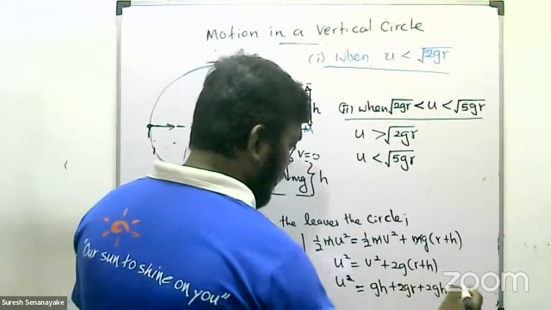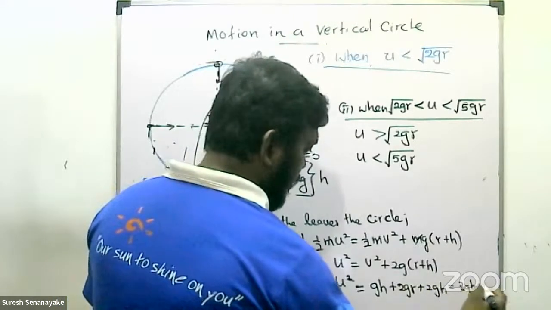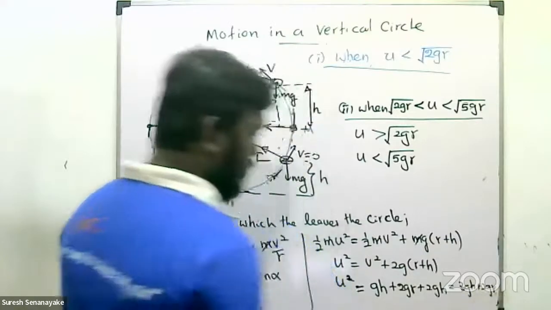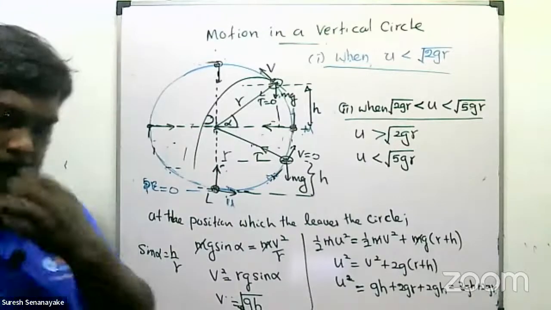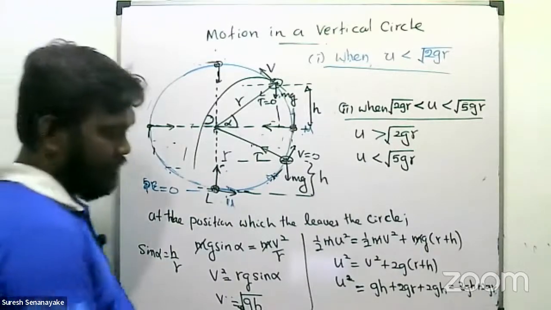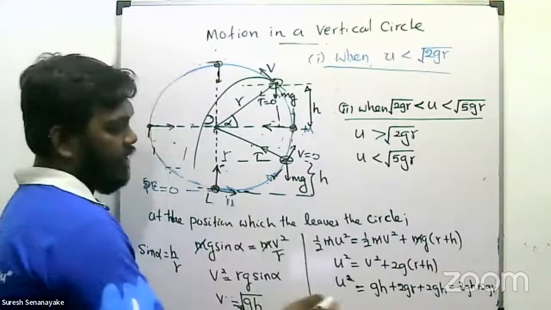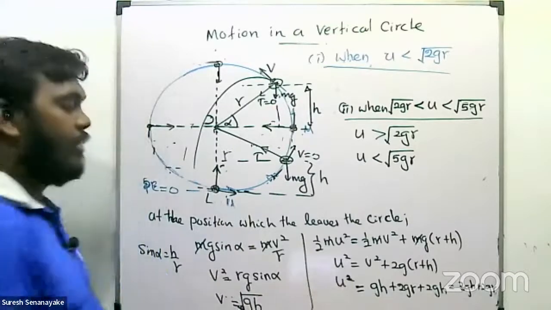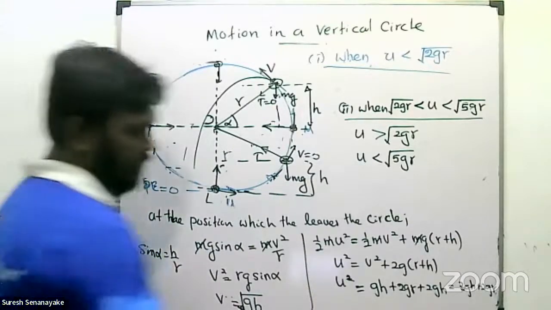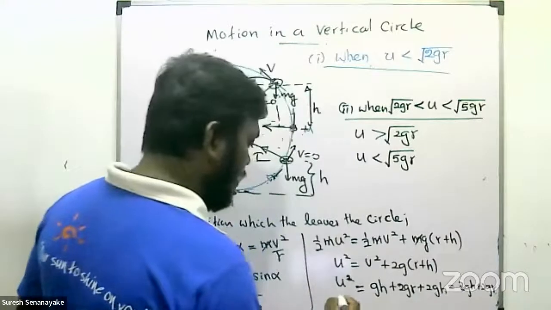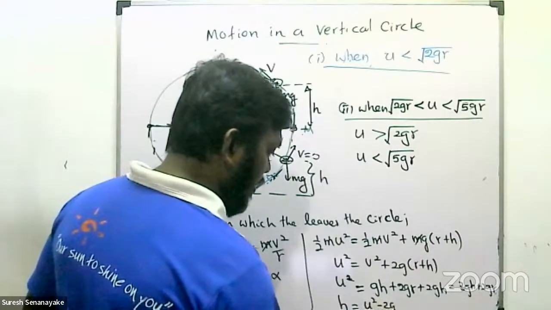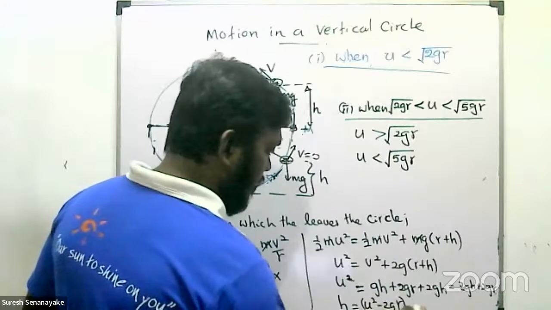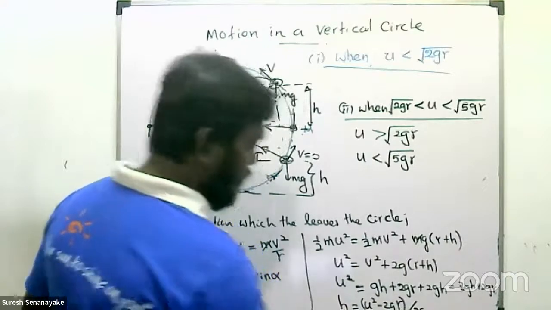Altogether that's 3gh plus 2gr. If someone gives some velocity and asks what is the height where it leaves the surface, then using this equation you can find the height. Then h equals u square minus 2gr, divided by 3g.